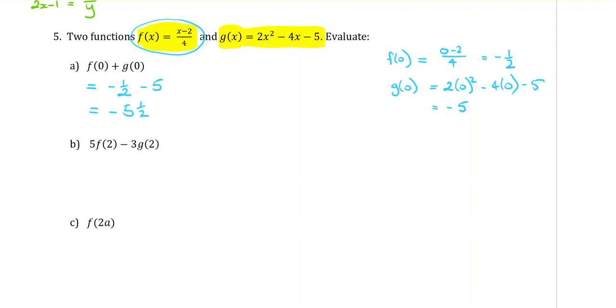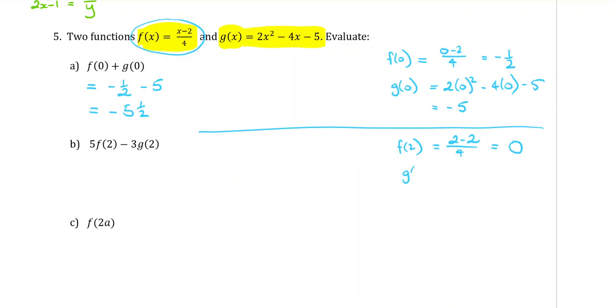Part B, 5 lots of f of 2 minus 3 lots of g of 2. So again, on the side, let's work out what f of 2 is and then g of 2. So f of 2, subbing 2 where the x is, we're going to get 2 minus 2 over 4, which is equal to 0.